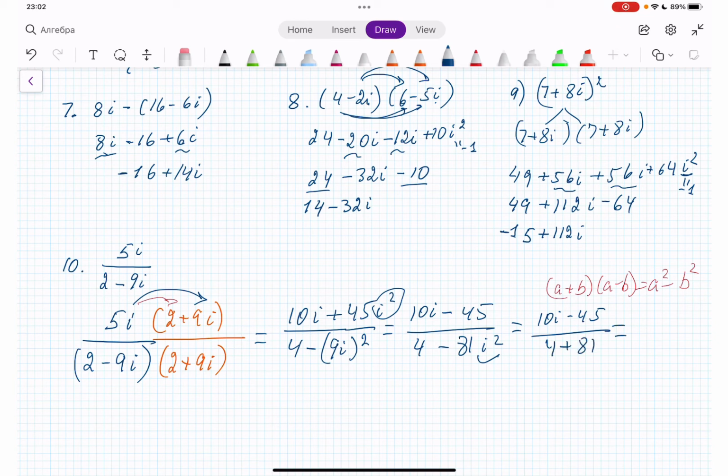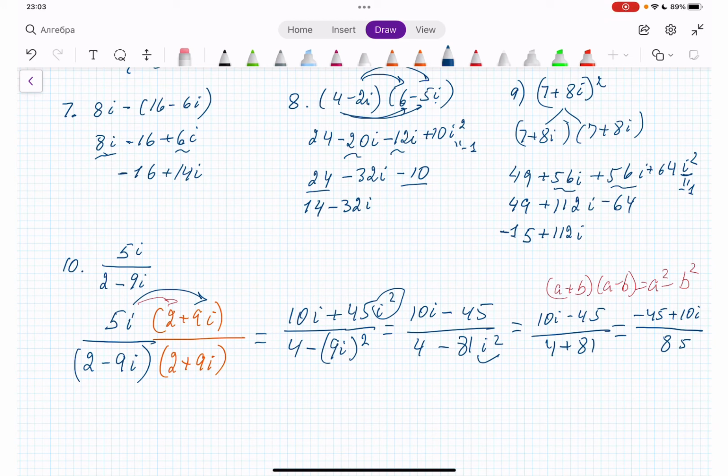And the answer is going to be negative 45 plus 10i. All I did, I just switched these terms. First comes the real number and then the imaginary number, divided by 85. And this is going to be our solution.